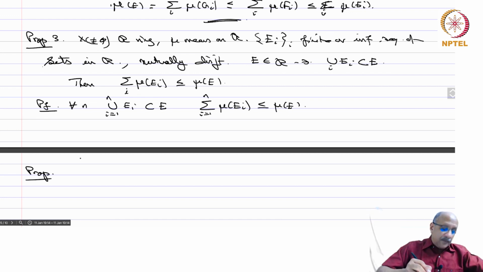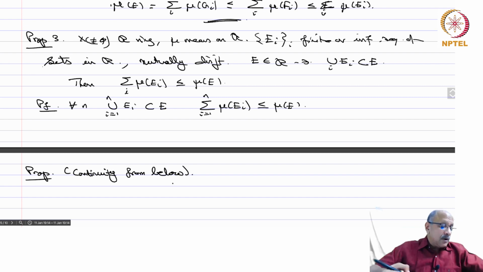Now we have a very important property of measures. This is called continuity from below. It helps us to compute things.